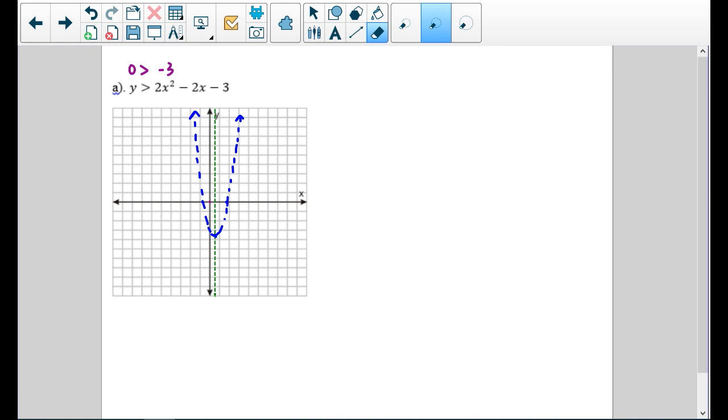So my shading should go inside where that 0, 0 point is. Again, y is greater than, so I'm going above. So shading inside that circle again. So we can just draw some lines, get our shading inside, and there's our graph.